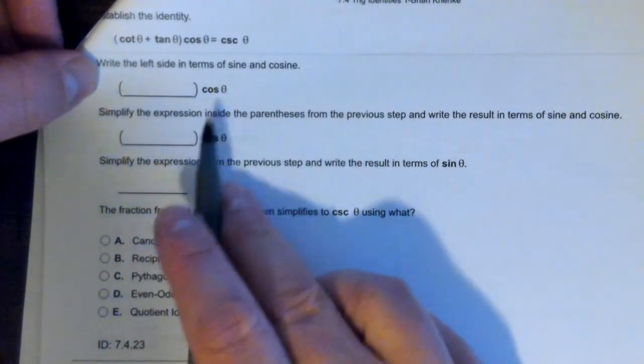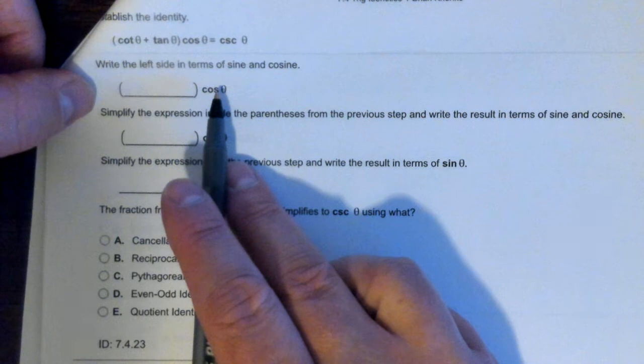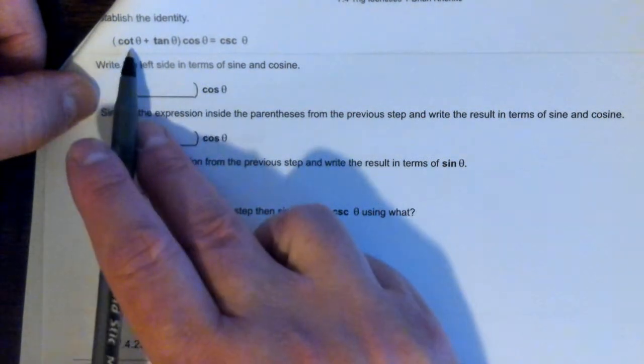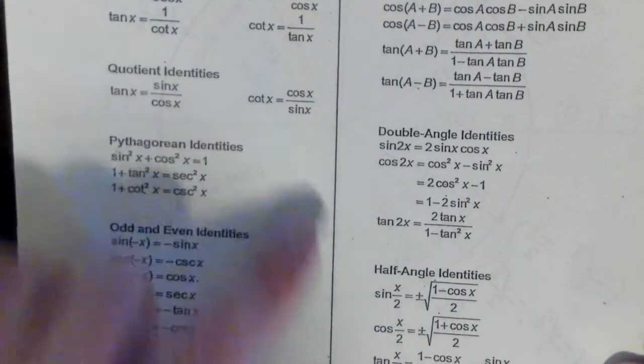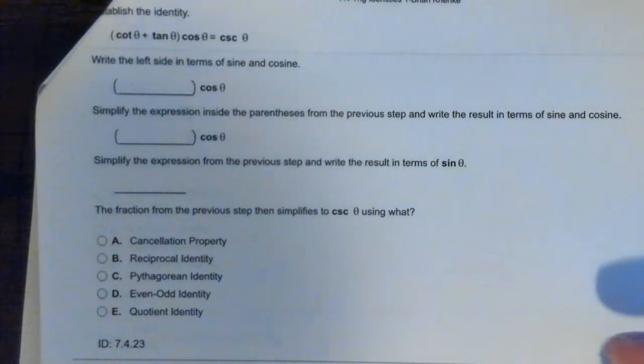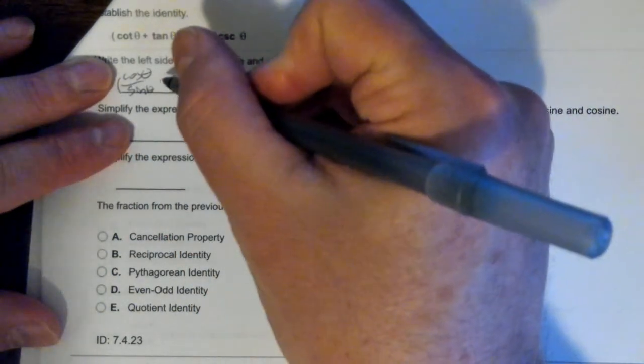Okay, on our next one it says write the left side in terms of sine and cosine. And we have cotangent, so you use your quotient identity for cotangent, and it's cosine over sine. And then change your tangent to be sine over cosine.